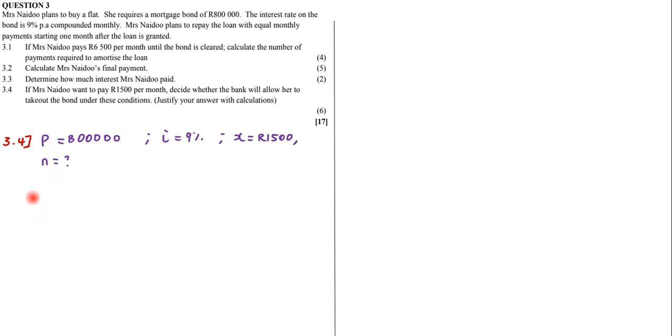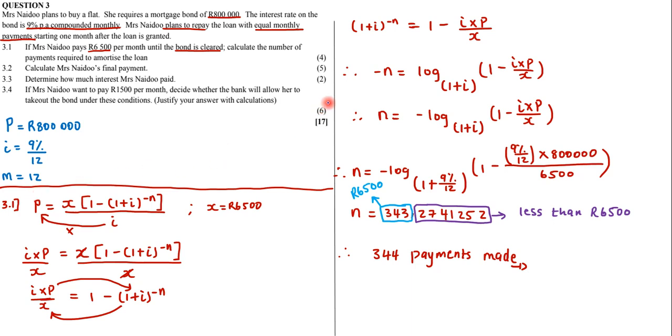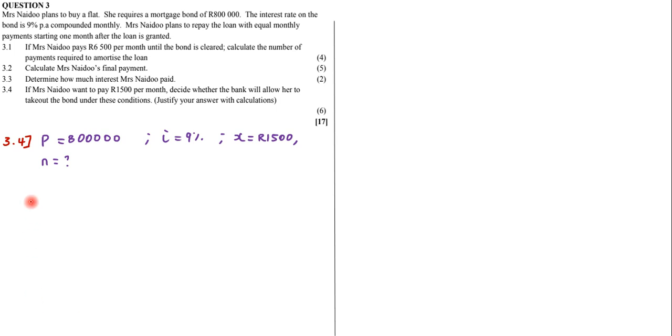We know that earlier we had already worked out our formula for n, so we're just going to go straight into this. The formula for n was equal to minus log of (1 minus (1 plus i) times P over X), over log of 1 plus i.